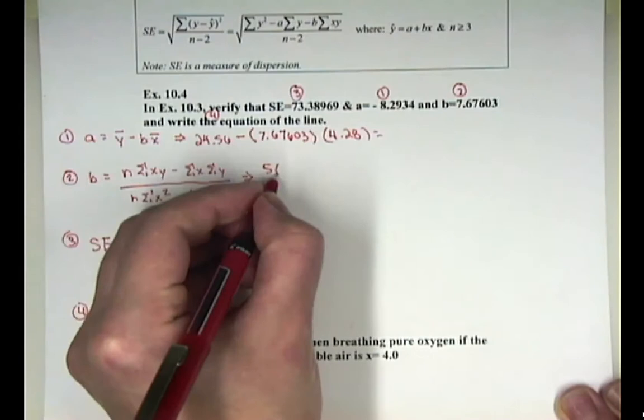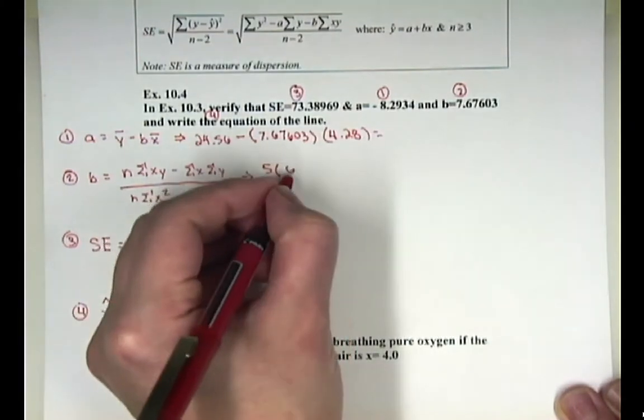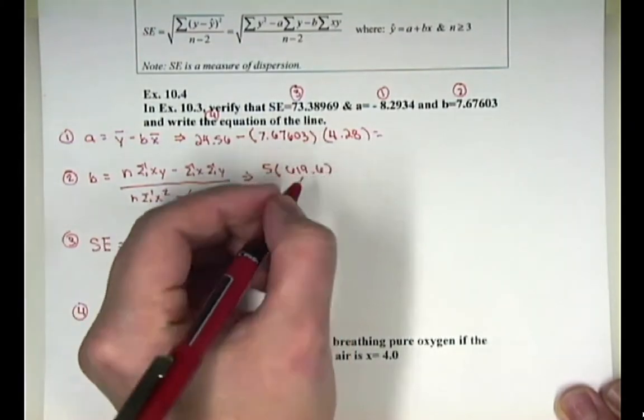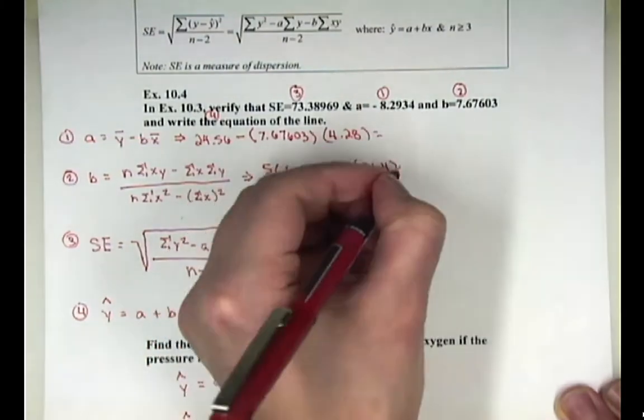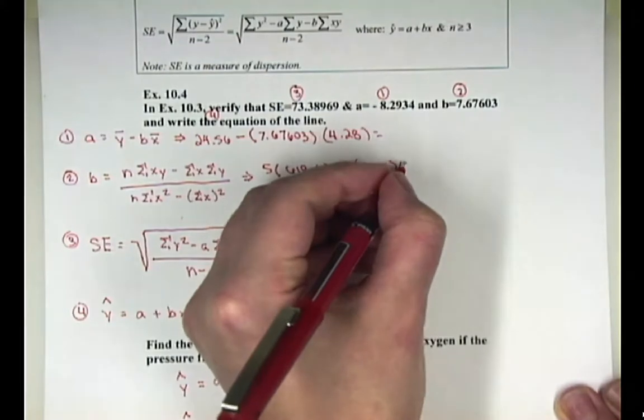So this would be 5 times the sum of the xy's, which is 619.6, minus the sum of the x's, which is 21.4, times the sum of the y's, which is 122.8.